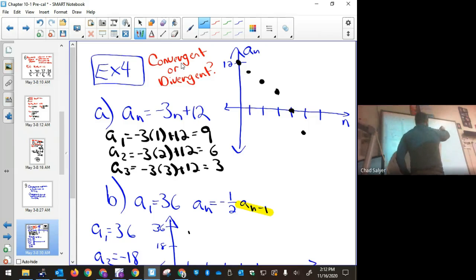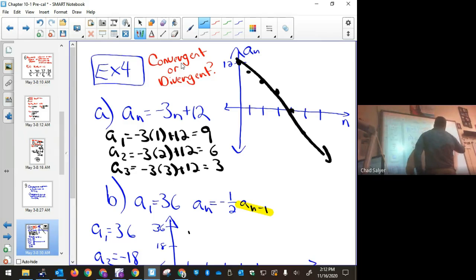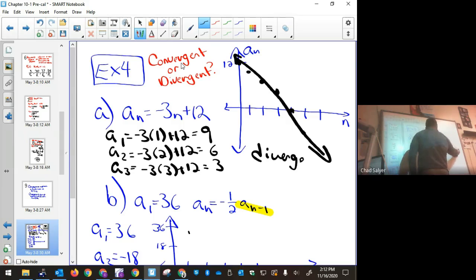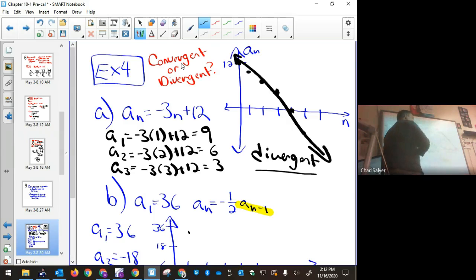So we see this is going, like my inexact points, in a straight line downward, where it will continue to go on and on and on to negative infinity. So this, ladies and gentlemen, is a divergent sequence. It diverges to infinity, in this case negative infinity, as n goes to infinity.